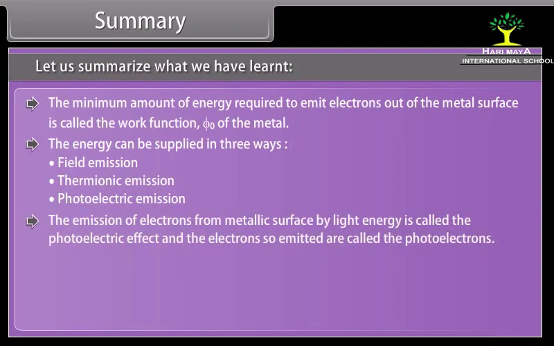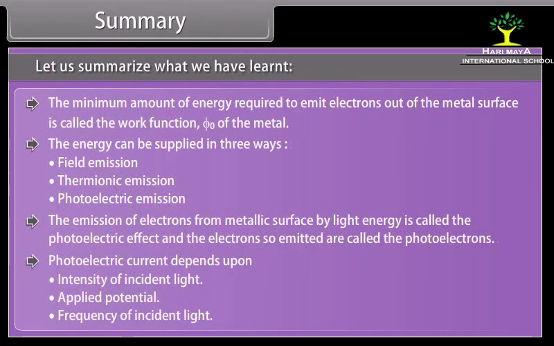The emission of electrons from a metallic surface by light energy is called the photoelectric effect, and the electrons so emitted are called photoelectrons. Photoelectric current depends upon intensity of incident light, applied potential, and frequency of incident light.